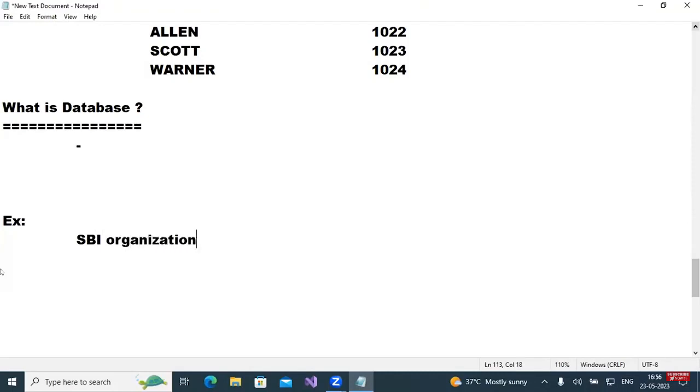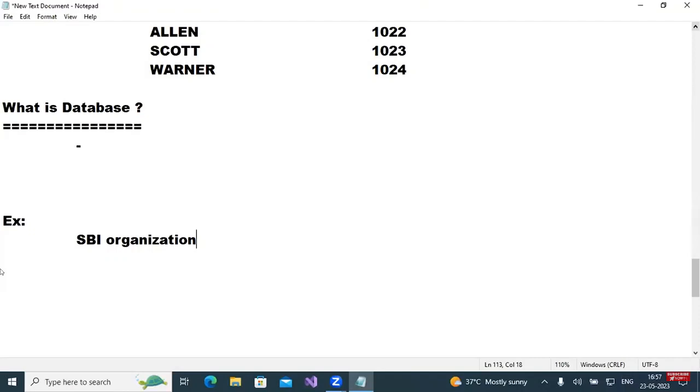Sir, we don't understand why we call it an SBI organization. Why can't we say SBI company? Do you have any differences between organization and company, or are both the same? If anybody says SBI bank, SBI company, what do we call it?